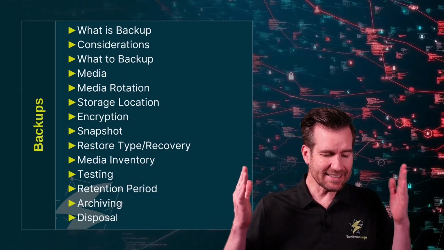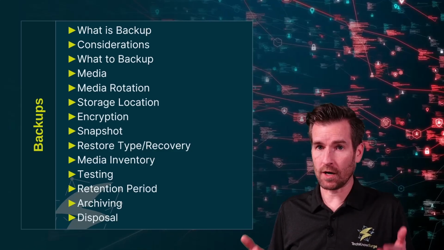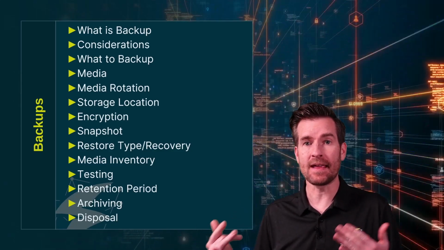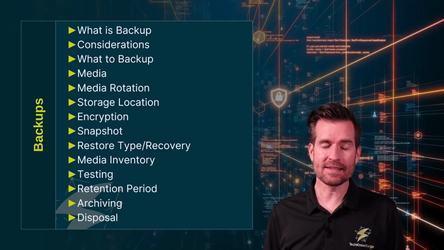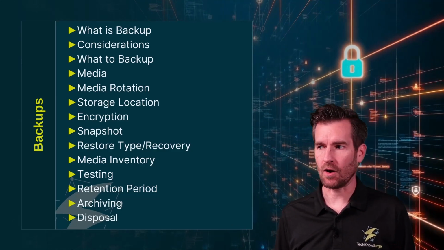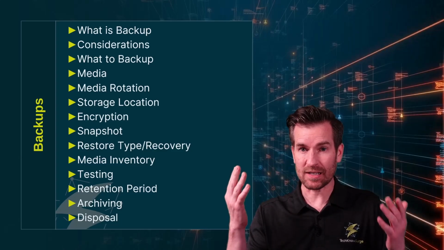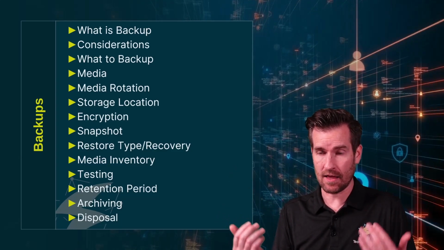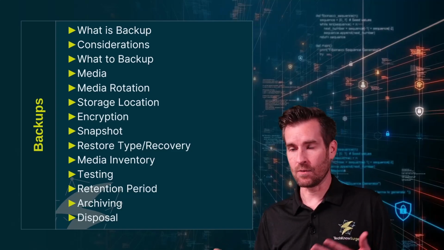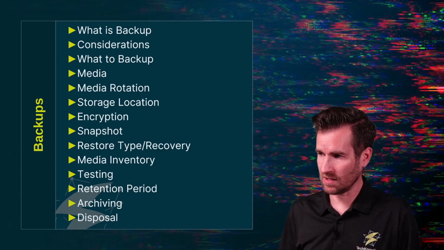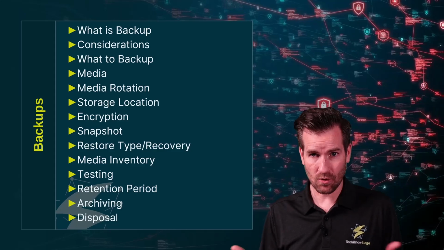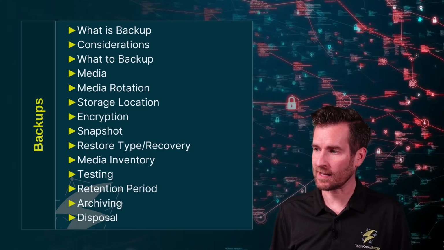So there really is a lot of considerations when we're looking at backup and decisions that we have to make all along the way. What is going to be best for you? And it really depends on your scenario. So we talked about what is backup. We talked about some of those considerations that you would have and what to back up, the media rotation, storage location, encryption, snapshots, restoring, the restore type or how you're going to recover from that.